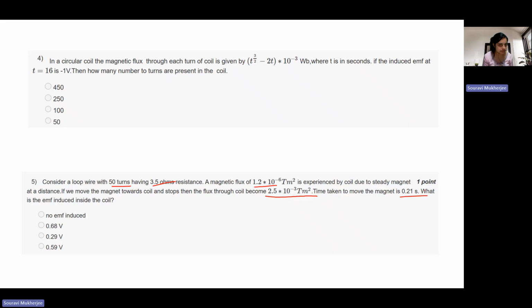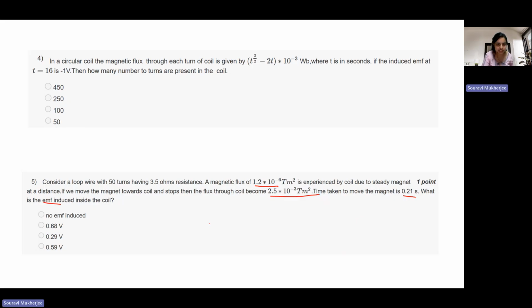That means you know the rate of change of flux, right? So final flux minus initial flux divided by the time of change of flux will give you the rate of change of flux.